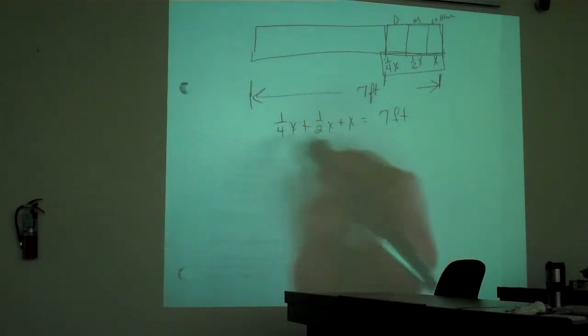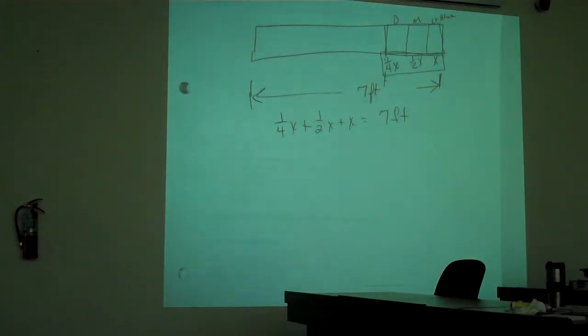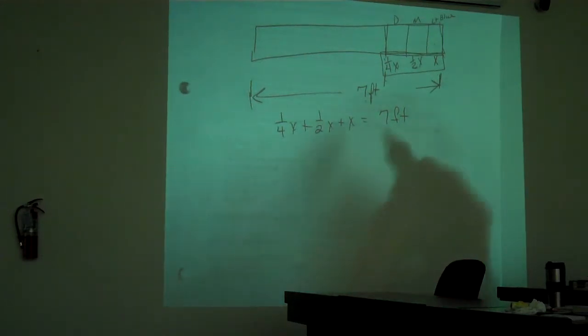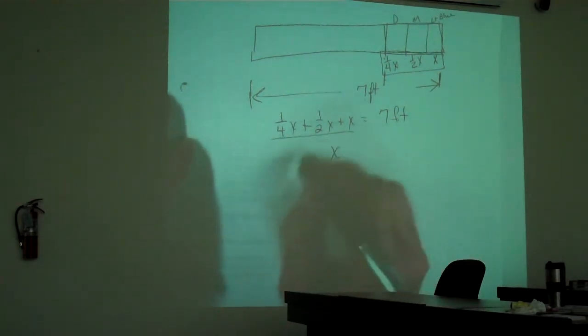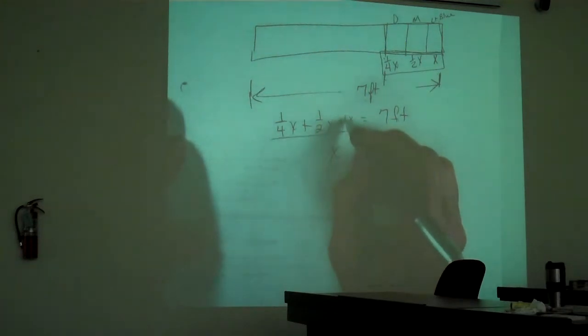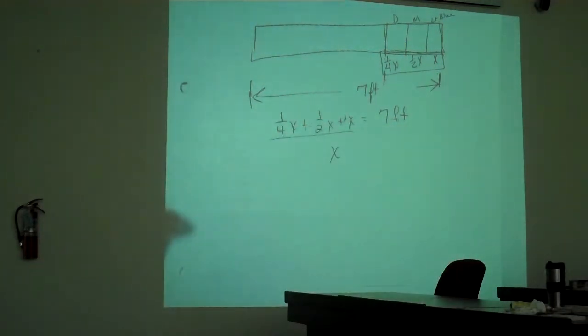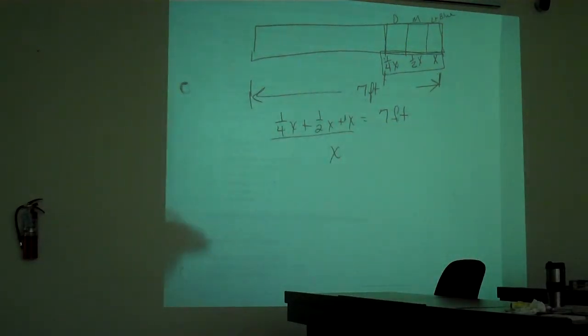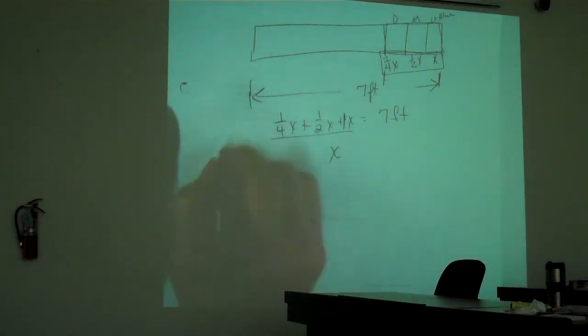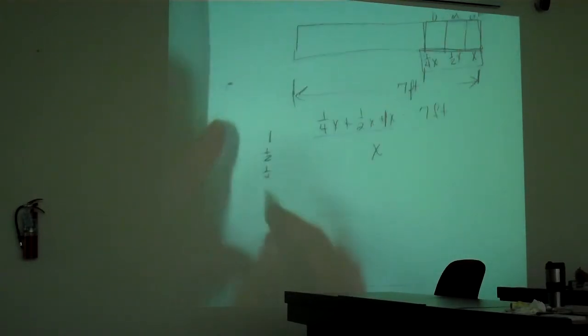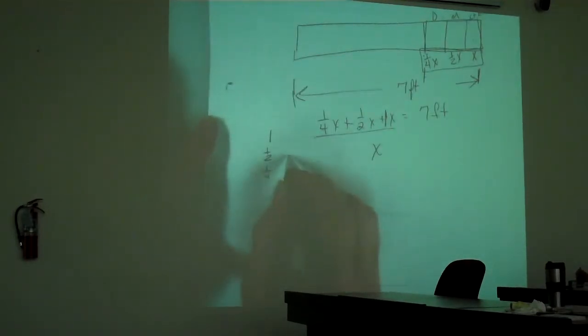Okay. If we add all these X's up, what are we going to get? We're going to get 7 feet. What if we add these, what are we going to get in front of the X here? We'll have 1 plus 1/2 plus 1/4. Yeah, 1 3/4. So you have 1 1/2 and 1/4. So we need a common denominator.